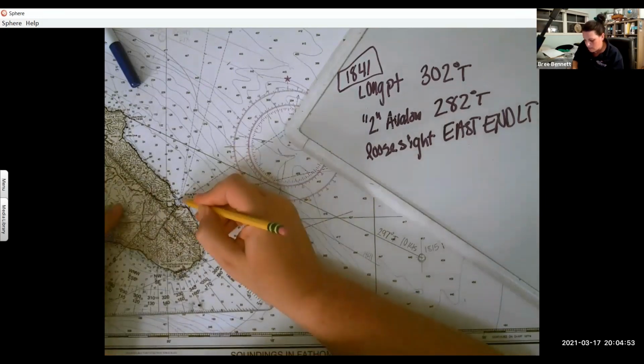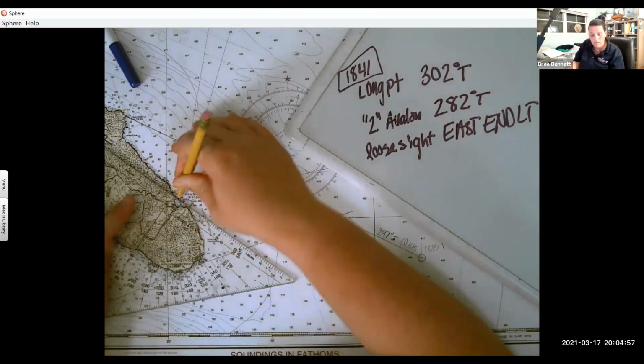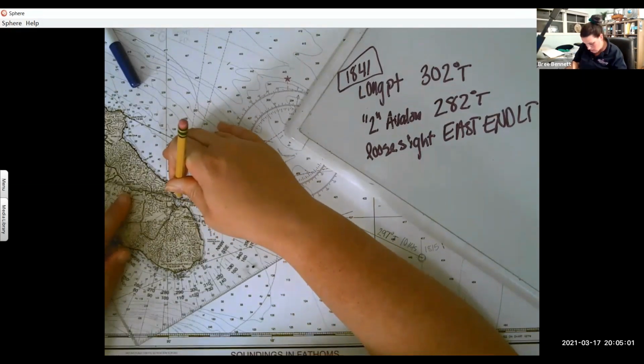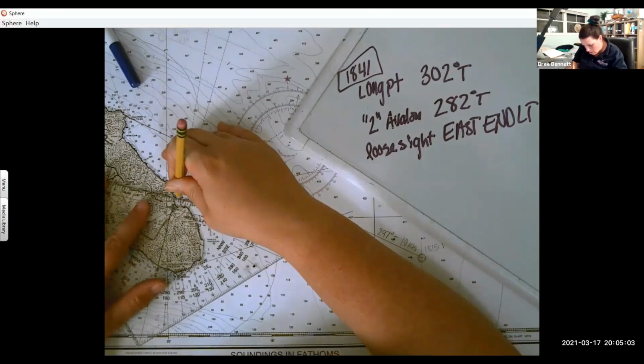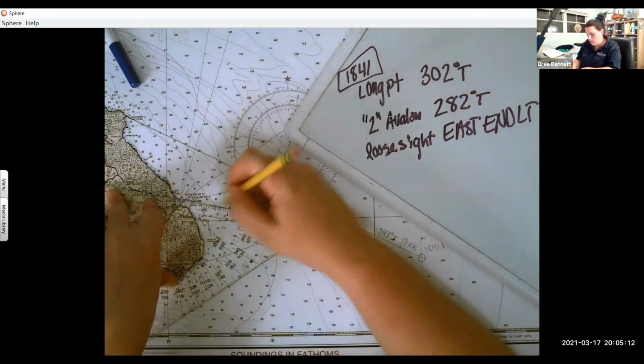Okay, so I'm going to put my pencil on that light, and I'm going to find 282. There's 282.